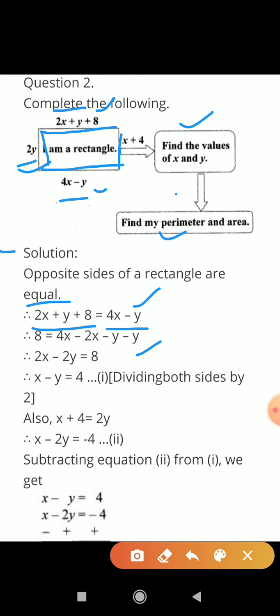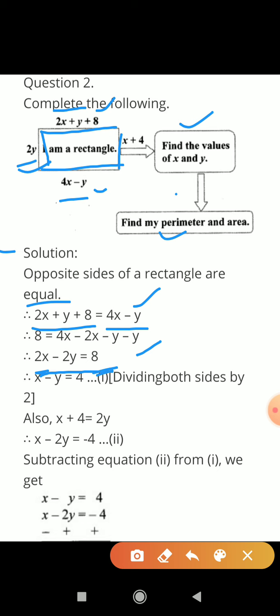So we get here 8 equal to 4x minus 2x and minus 1y and minus 1y; minus plus is there, addition takes place, addition becomes 2 and the sign of both, so minus 2y. So thus we get 2x minus 2y is equal to 8.